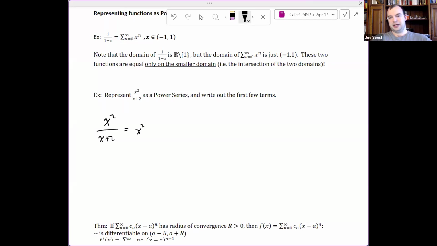Well, I can pop off the x squared, and that gets me a 1 over. If I rewrite the denominator as 2 plus x, that gets me a little closer. Looking for something like 1 over 1 minus x, or maybe I would say 1 over 1 minus y, where y is some function of x. I could factor a 2 out of the denominator, divide the denominator by 2.